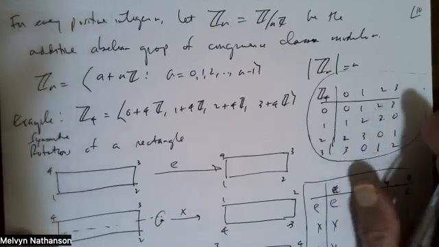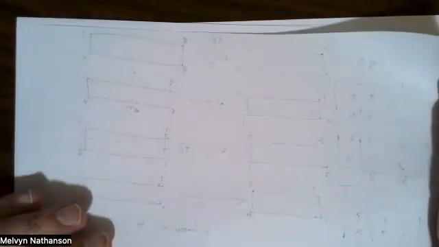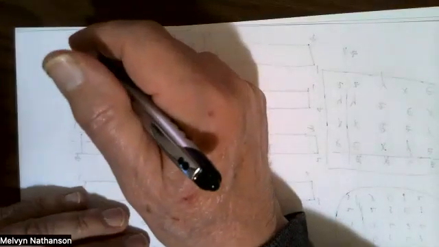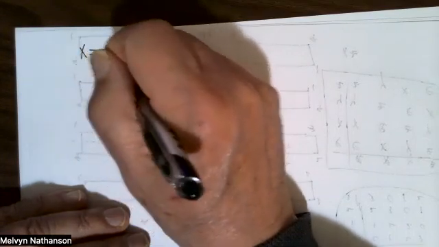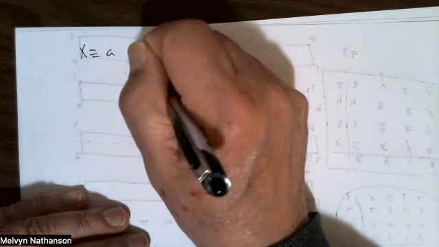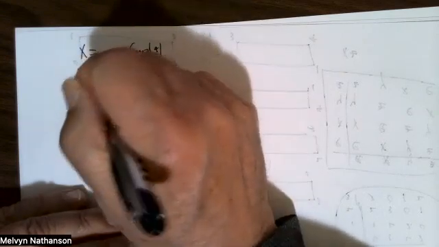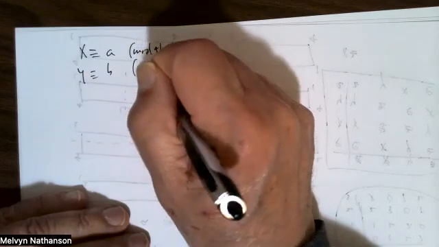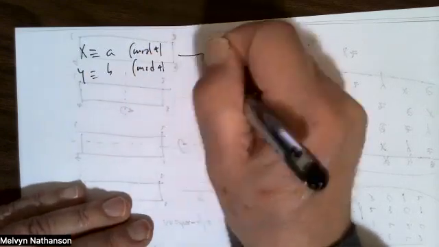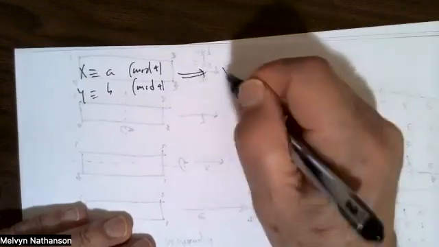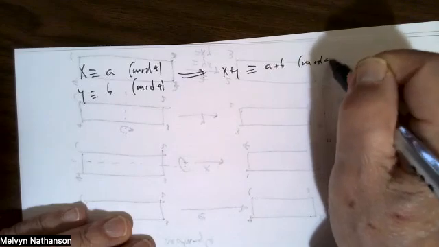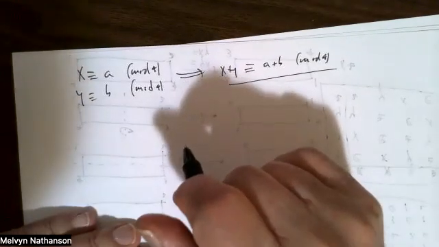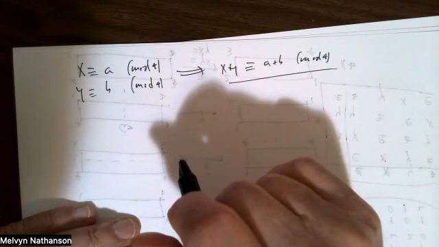This is just an instance of the fact about congruences that we proved: if x is congruent to A mod 4, and y is congruent to B mod 4, that implies that x plus y is congruent to A plus B mod 4. That's the only fact that I'm using when I construct the addition table.